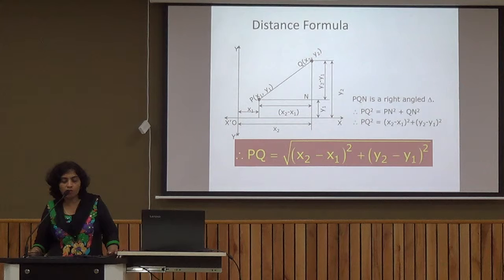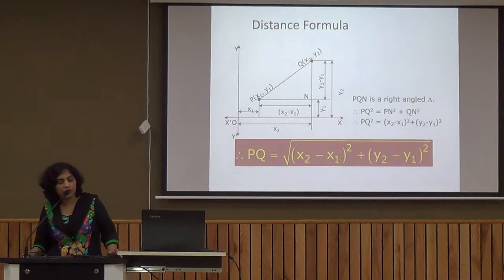So PQ square is equal to PN square plus QN square by our Pythagoras theorem. So let's see what PN and QN will be. PN is the horizontal distance x2 minus x1 and QN will be the vertical distance y2 minus y1, as you can see.